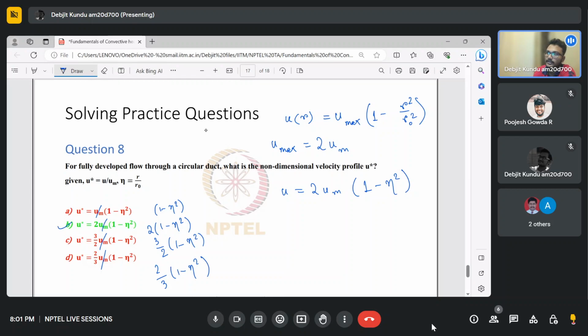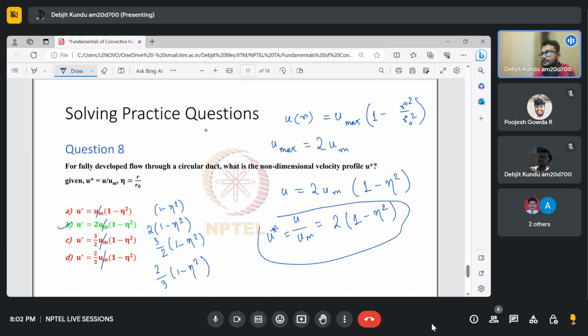So now if I take u mean under there, it will be u over u mean equal to 2 into 1 minus eta squared. And this is nothing but this u star. So u star would be equal to 2 into 1 minus eta squared. So it's option B that is correct. And sorry about that. There shouldn't be u_m on the right hand sides of these options.